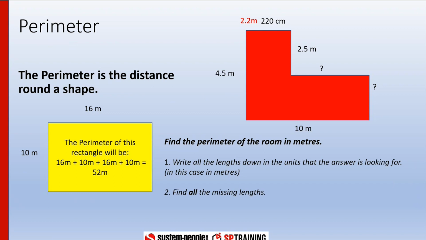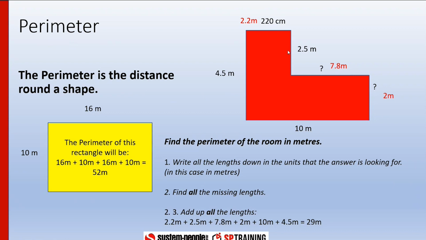Then we need to find the missing lengths, and if we look here, the whole of this side is 10 meters and this little bit is 2.2, so this one here will be 7.8. 10 take away 2.2, and this length here will be 4.5 take away the 2.5, so this length here will be 2 meters.